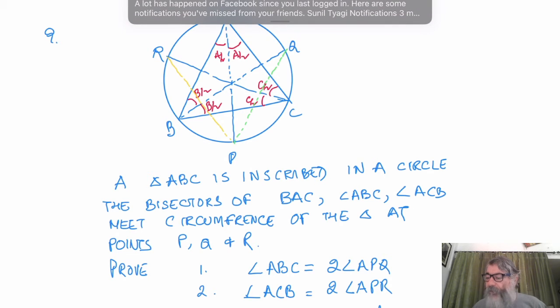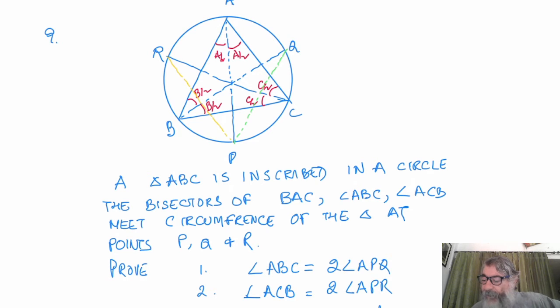First of all, because these are all bisectors, I have written angle A in two parts, A by 2, because AP is the bisector. Similarly, BQ is the bisector, so I have written B by 2. Similarly, I have written angle C by 2 because CR is the bisector. I have to say that angle ABC is double of angle APQ.